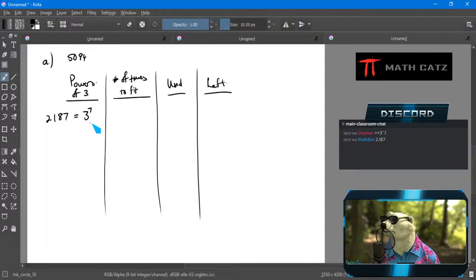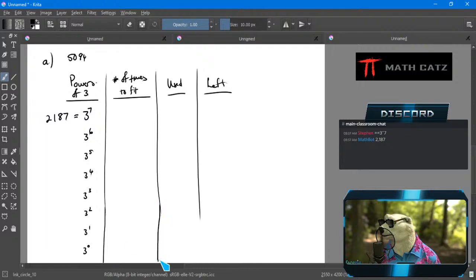So I know this is the highest power of 3. But maybe you didn't get it the first time. Just trial and error, go as high as you can go. Once I found it, I need to go all the way down, not skipping a single power of 3.